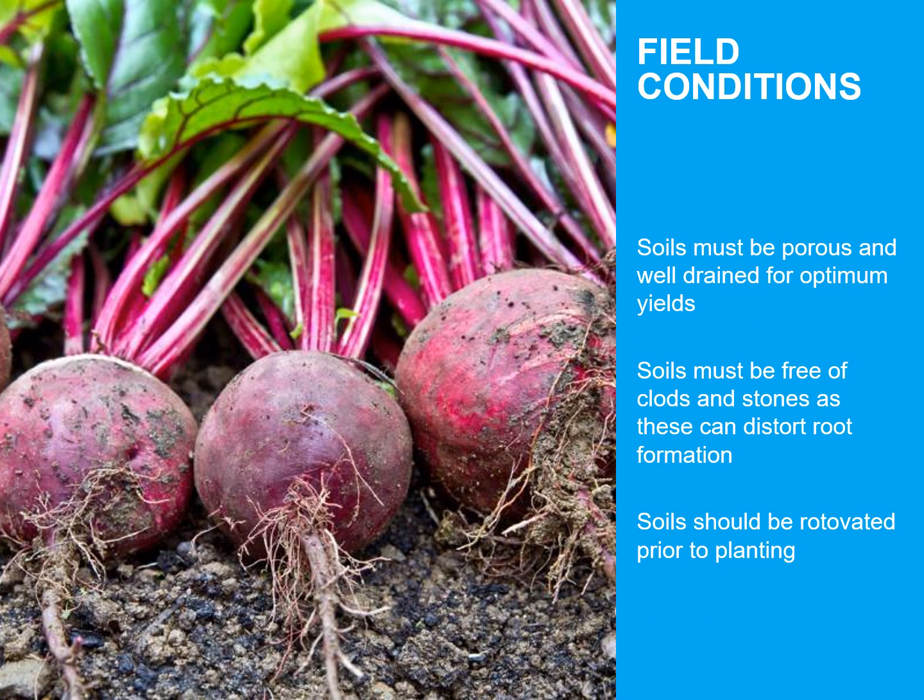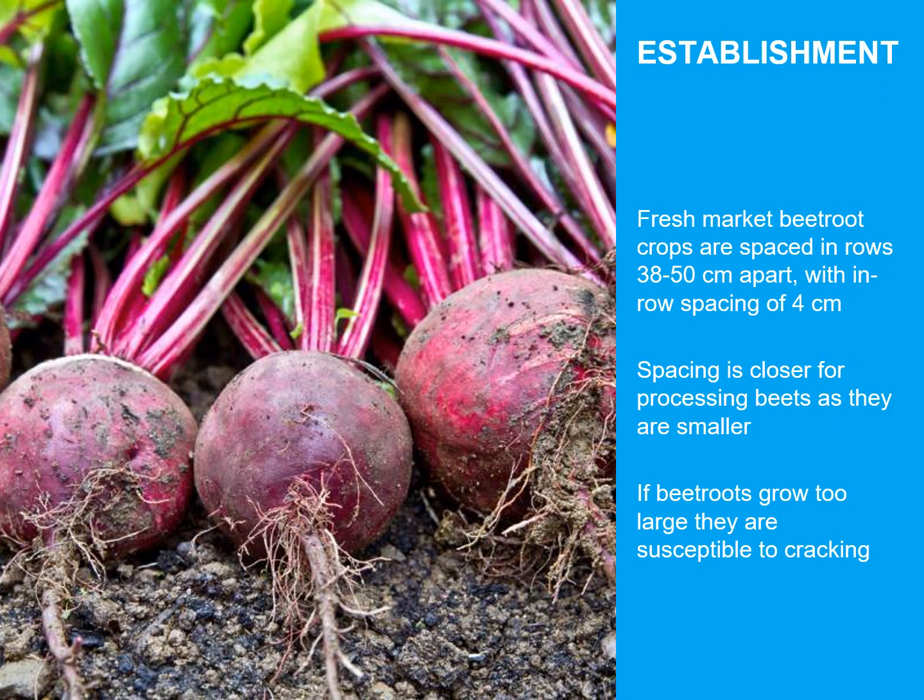The soils in which beetroots are grown should be porous and well drained for optimum yields. The soil should also be free of stones and clods, as these can interfere with uniform root formation. So the soil should typically be rotivated prior to planting.